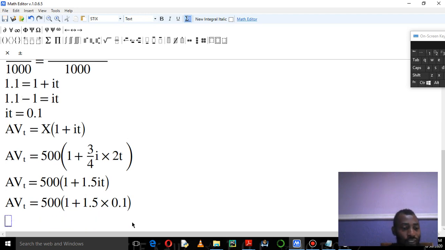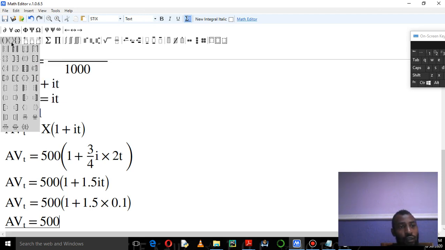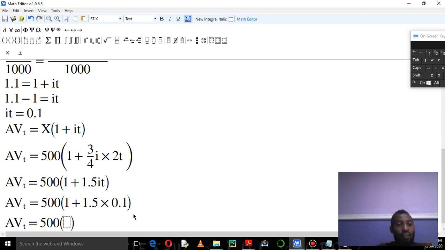So when you solve for it, capital A V subscript T is equals to 500 into brackets. So this will give us 1.5 times 0.1, 0.15, plus 1, which is 1.15.